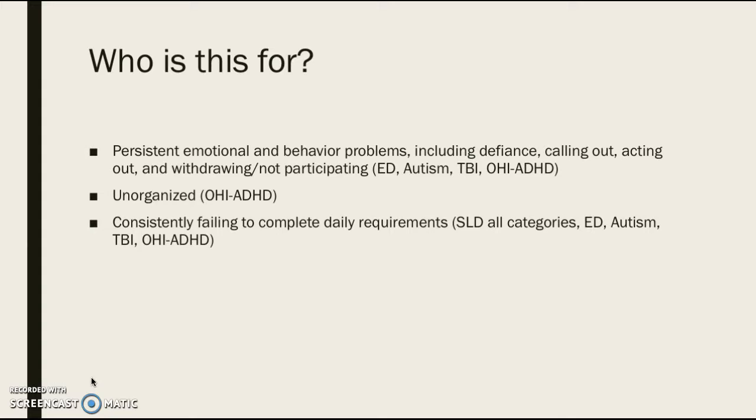It can also be used for students who are unorganized, which are sometimes students with other health impairments. This includes ADHD. And it can be used for students who consistently fail to complete daily requirements. This can be students with specific learning disability, all categories, emotional disability, autism, traumatic brain injury, and other health impairments.